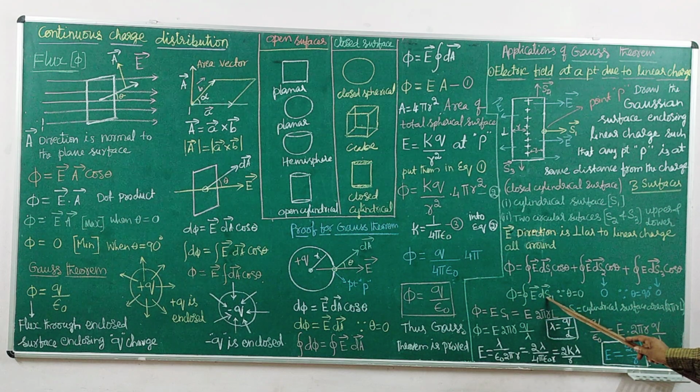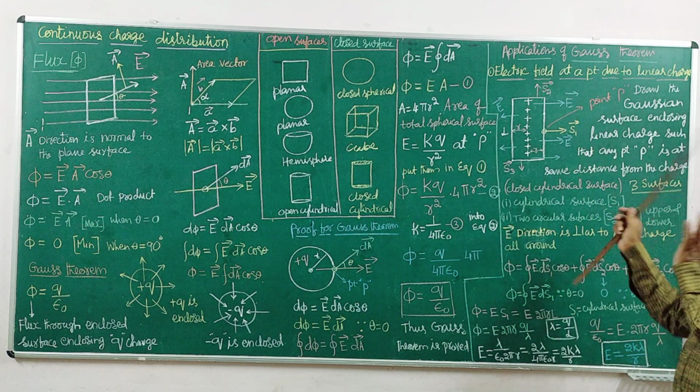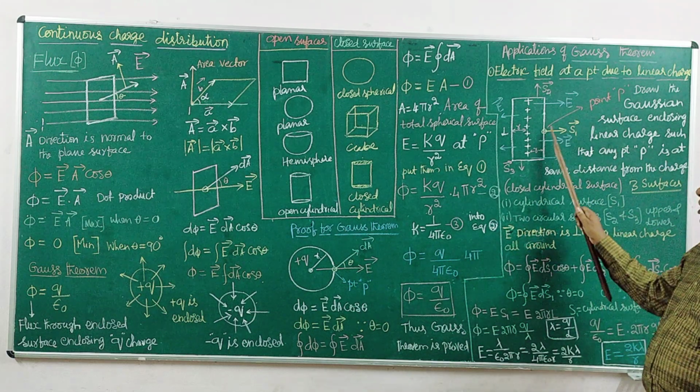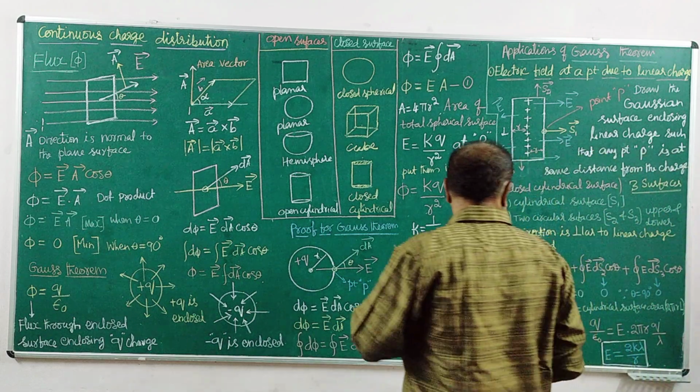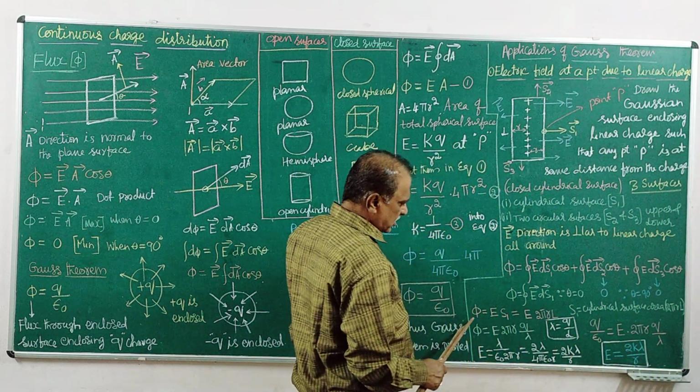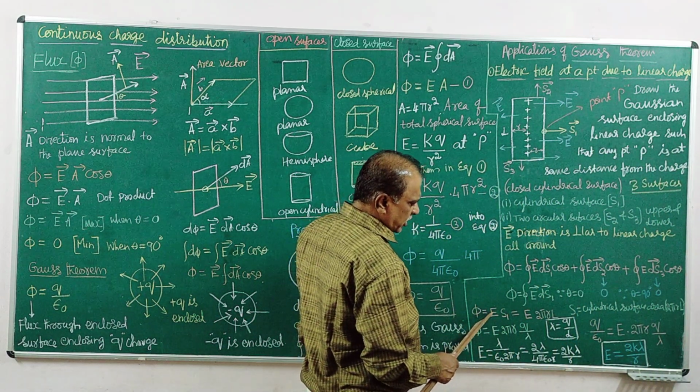So that is the differential equation. The integral of this gives S1. What is S1? The total curved surface area of the cylinder. So the final equation is flux equals E into S1.